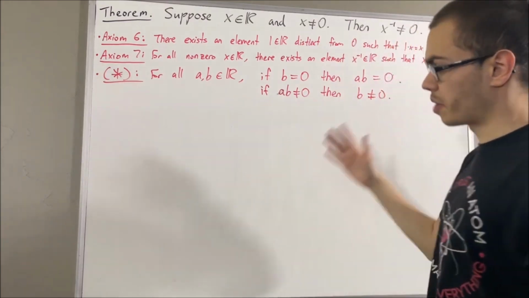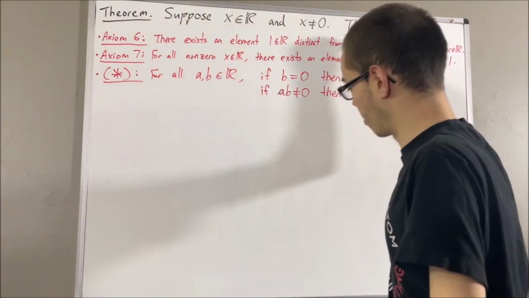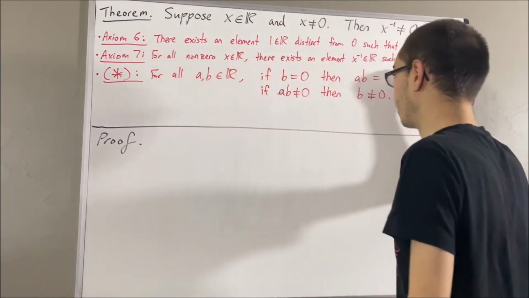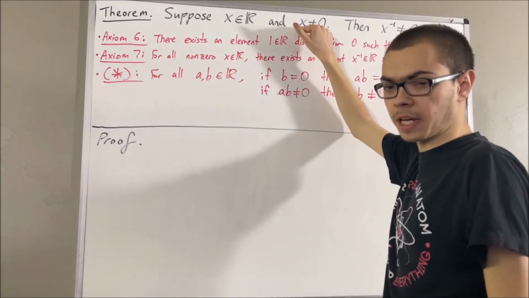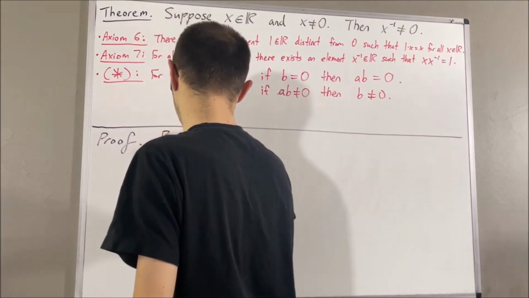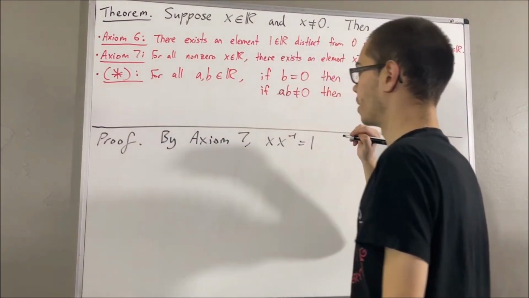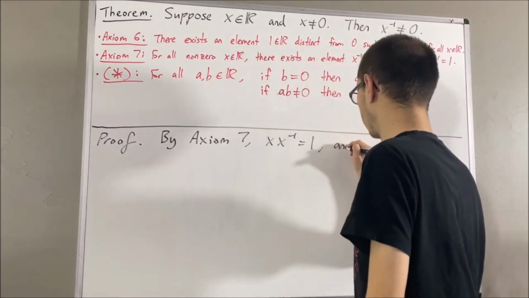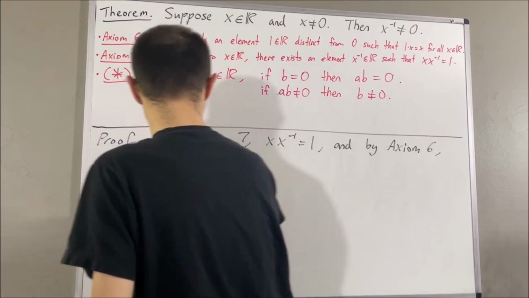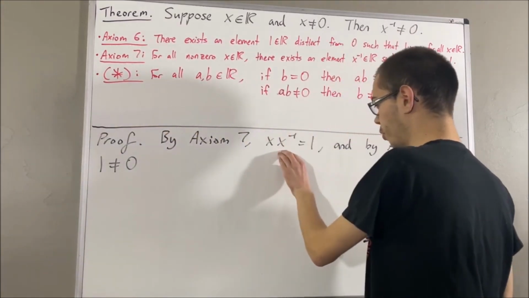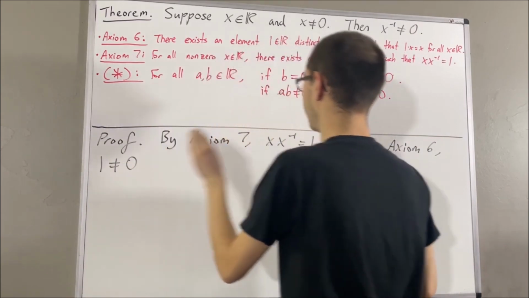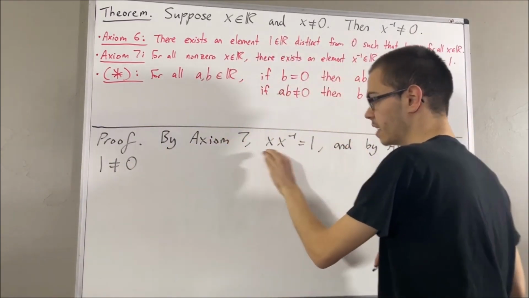Okay, so now let's get into proving this theorem. To start the proof, let's first note by Axiom 7, x times the reciprocal of x is equal to 1. And by Axiom 6, 1 is not equal to 0. So, since x times the reciprocal of x is equal to 1, and 1 is not equal to 0, that tells us that x times the reciprocal of x is not equal to 0.